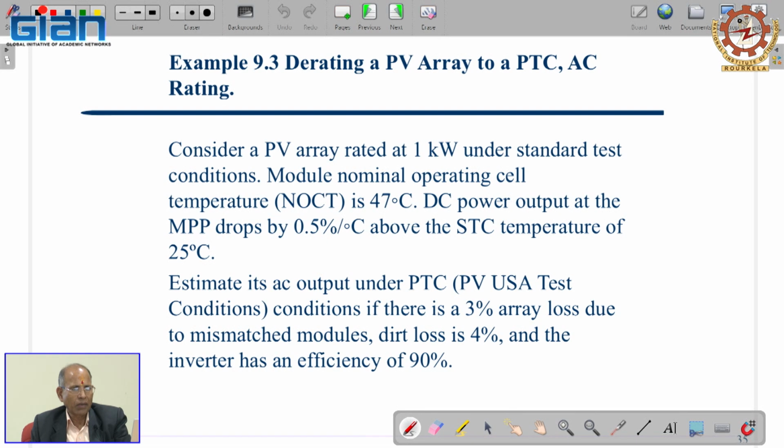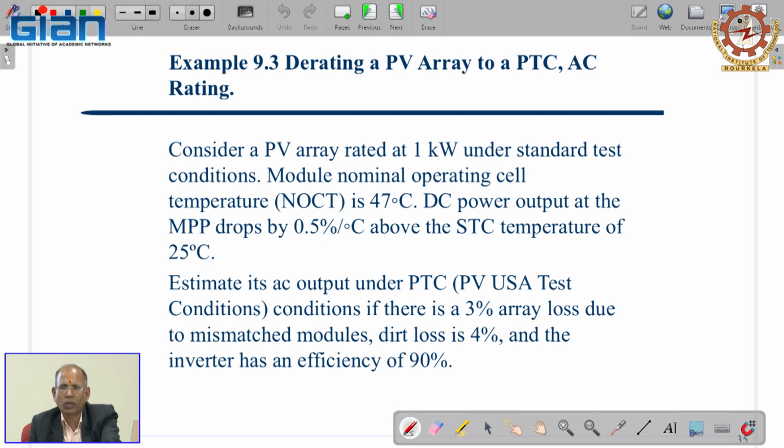Then we see another term. In other countries we call it STC, standard test condition. In the US there is another rule, they call it PTC. So PTC stands for PV USA test condition. Very much similar but a little bit different.